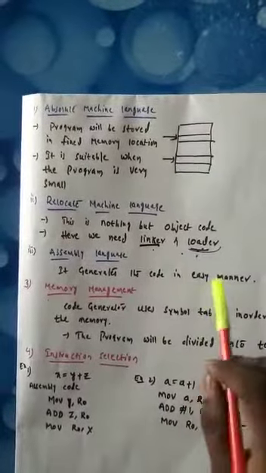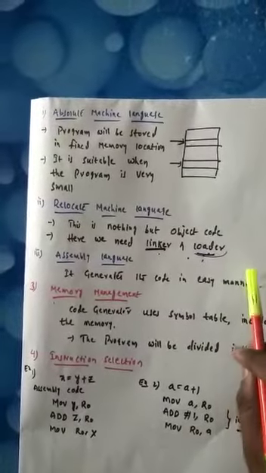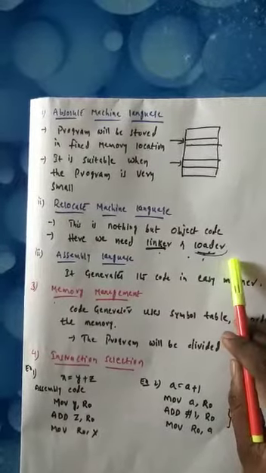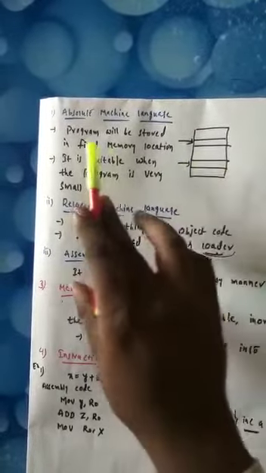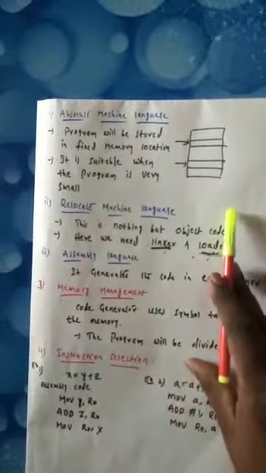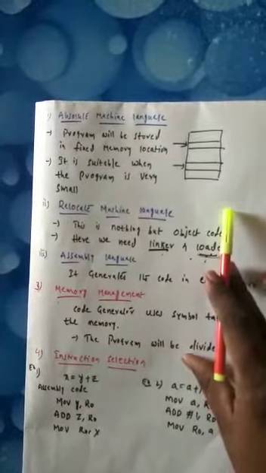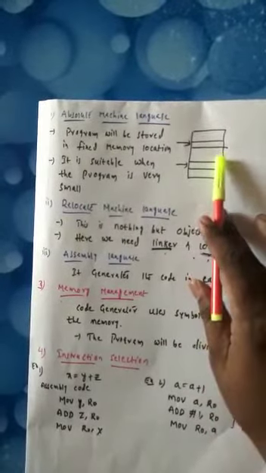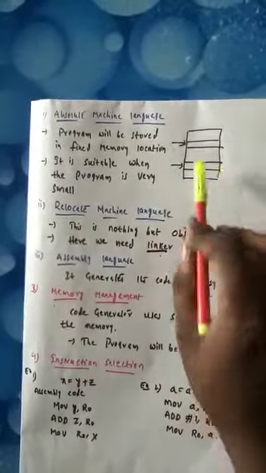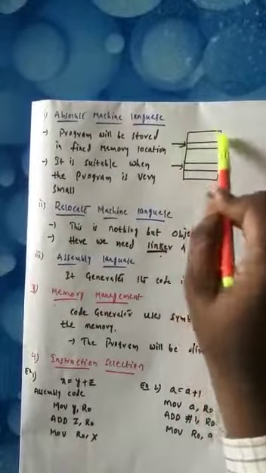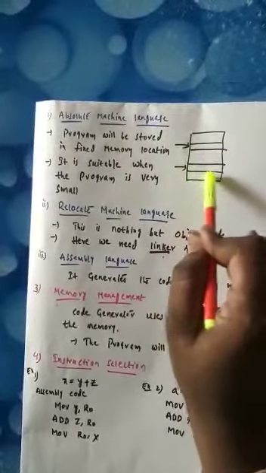The first one is absolute machine language. In this, the program will be stored in fixed memory locations, that is RAM, also called main memory, and the memory location will not be changed. Think of it as a main memory with these memory locations.